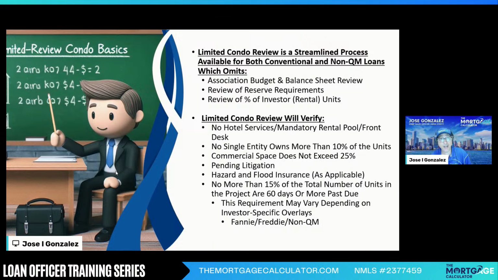They need to be collecting at least 10% of the annual operating budget into a separate reserve account. So it's really easy when you get a condo loan to reach out to all of the parties of the transaction, the buyer's agent and the seller's agent, and see if anyone can provide a copy of the most recent budget.